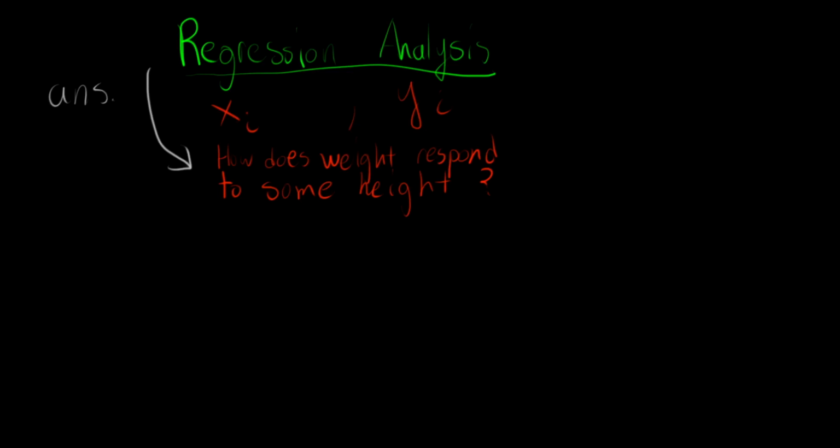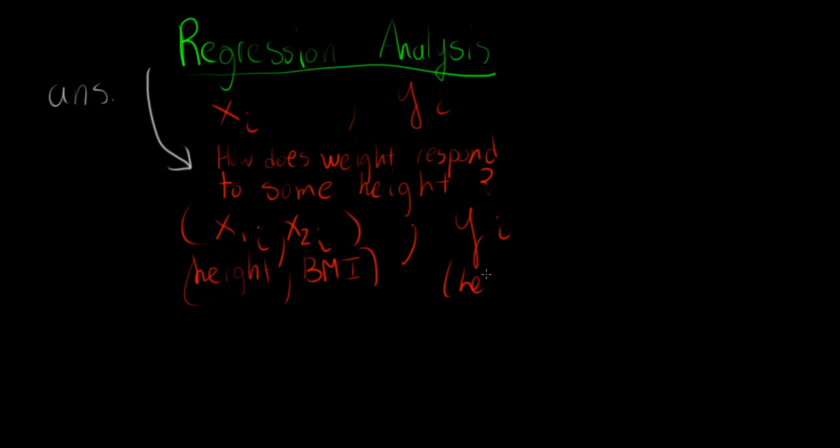However, in the case that we have more than one covariate, we could, for example, have this. Let's say we had 2 covariates and we still had one response variable. Say we had height and now we added BMI, and then we still have weight over here.